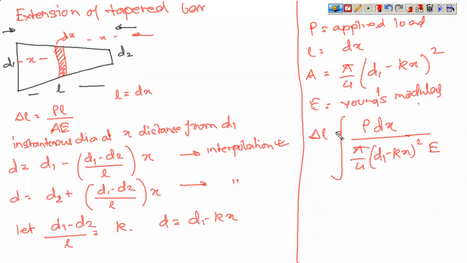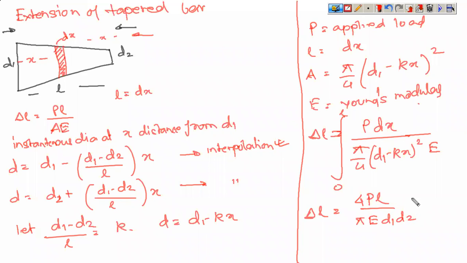Let us integrate it, and the limits of integration are 0 to L. Okay, so if you integrate it, delta L becomes equal to P L by pi E d1 d2.